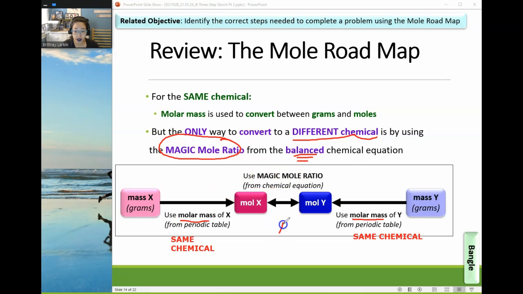Okay, so again, this is the most important part of our mole roadmap here. Everything needs to basically get to moles. Whenever we're doing stoichiometry, essentially we're trying to get to moles, and then once we get to moles of our starting chemical, we can then go to moles of our new chemical. So if you have two chemicals involved in a problem, you need to always get to moles. Moles to moles is the most important part here.